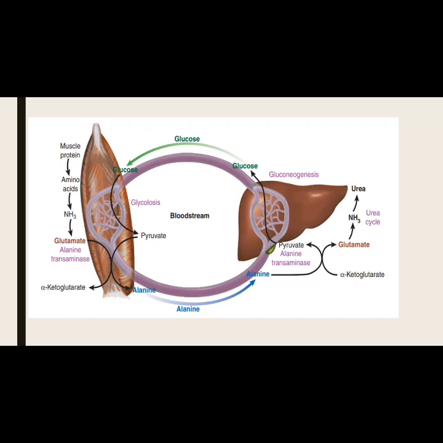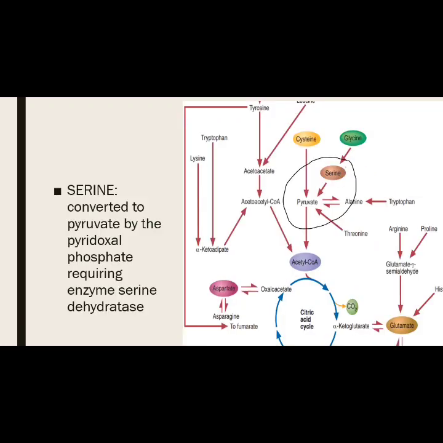Then you have here your serine. Your serine is converted to pyruvate by your pyridoxal phosphate requiring enzyme, serine dehydratase. So your serine is directly converted into your pyruvate by your pyridoxal phosphate.